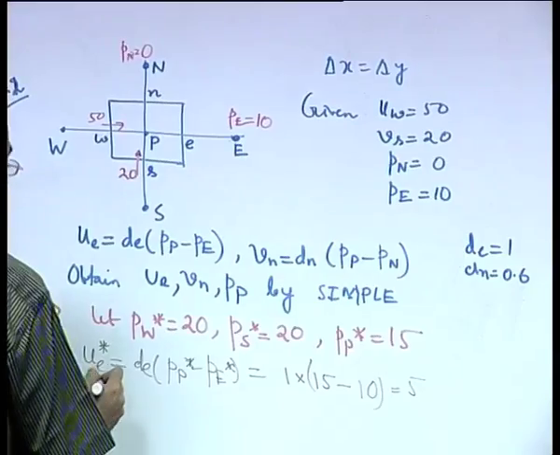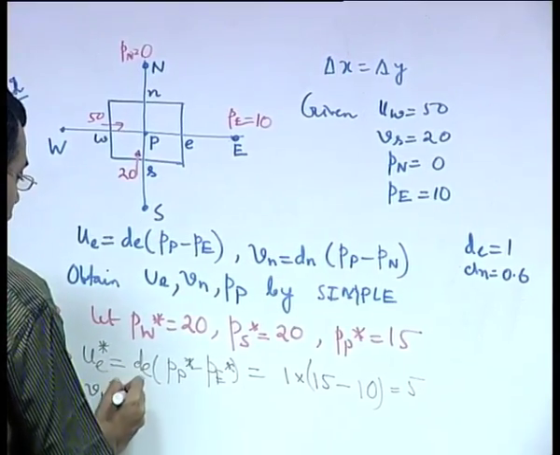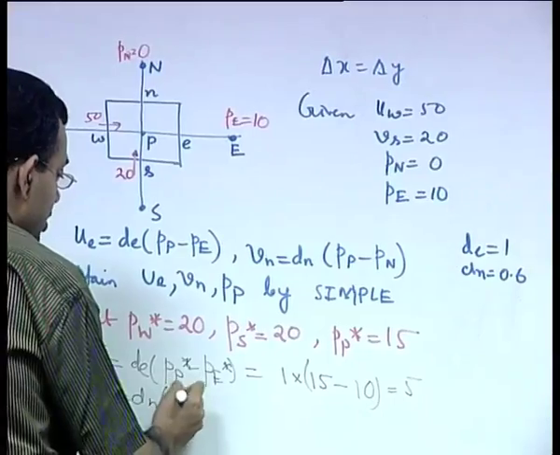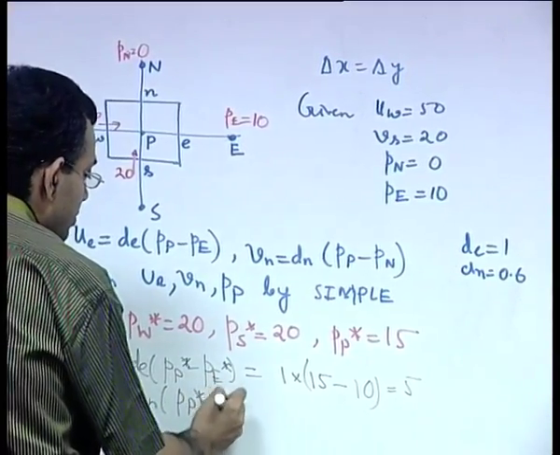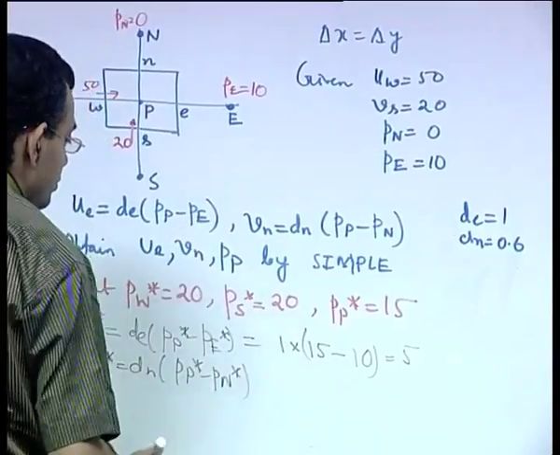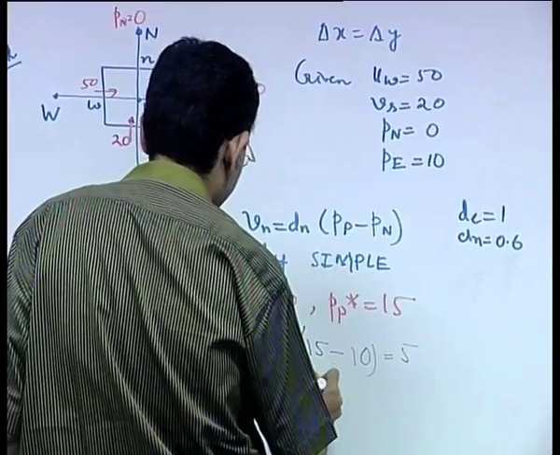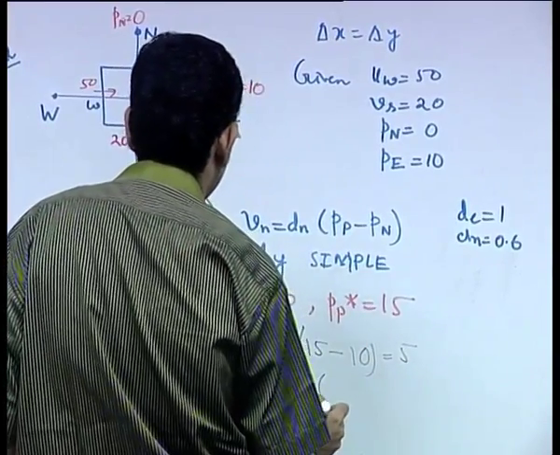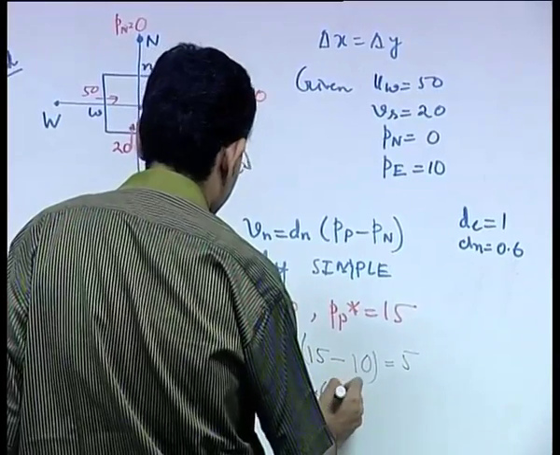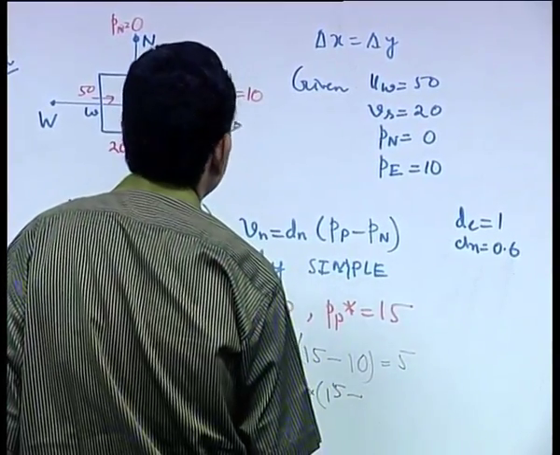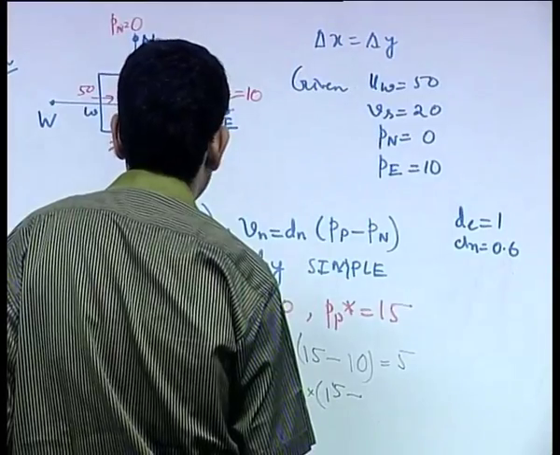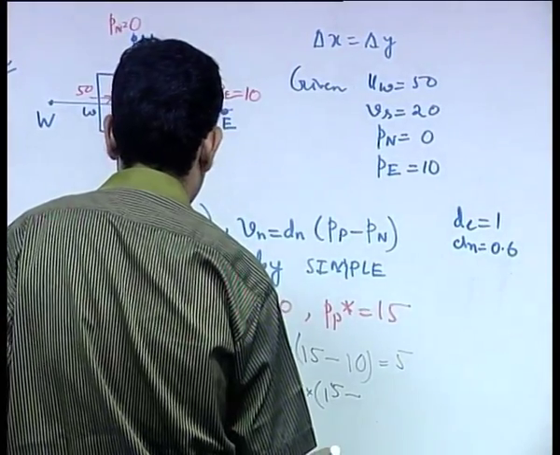Then Vn star is equal to dN into Pp star minus Pn star. So, 0.6 into Pp star is 15 minus Pn star.